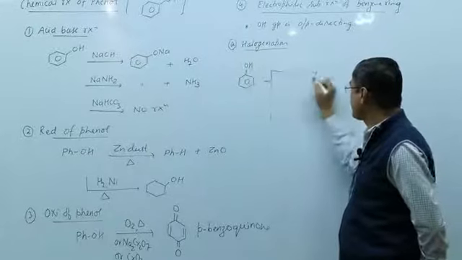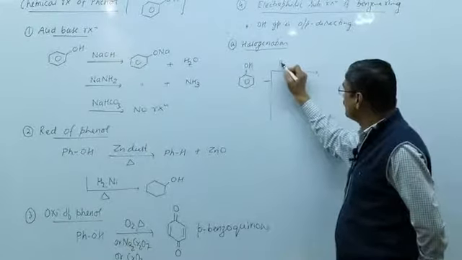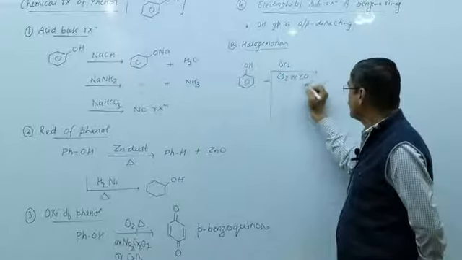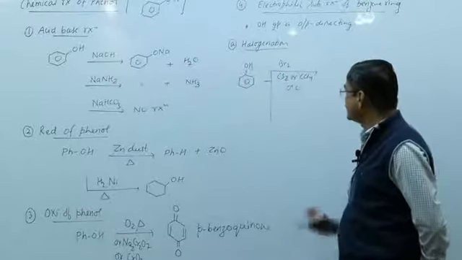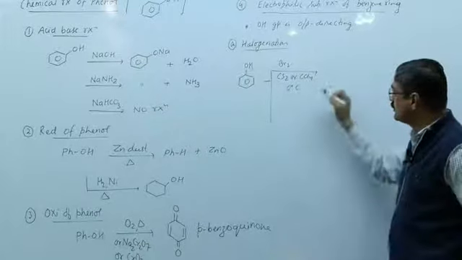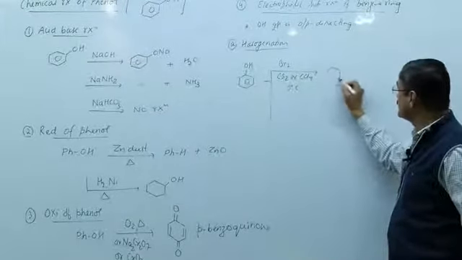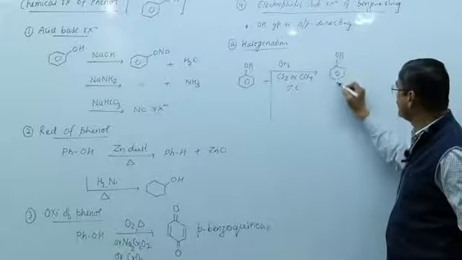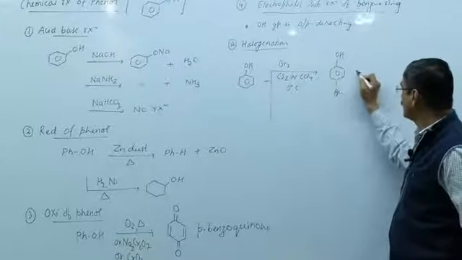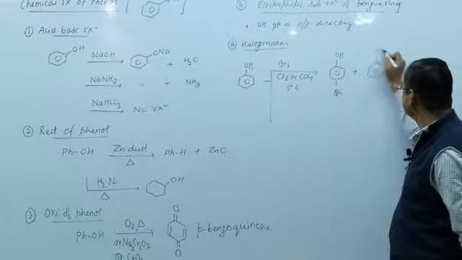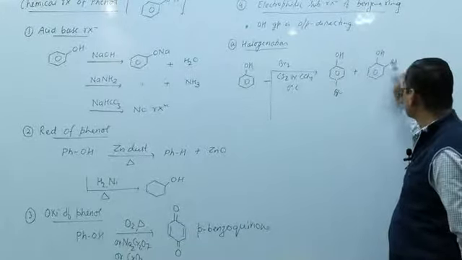Suppose I write bromine in the presence of CS2 or CCl4 at 0 degrees centigrade, or non-polar solvents. In this case phenol reacts normally. Para product is major and ortho product is minor.